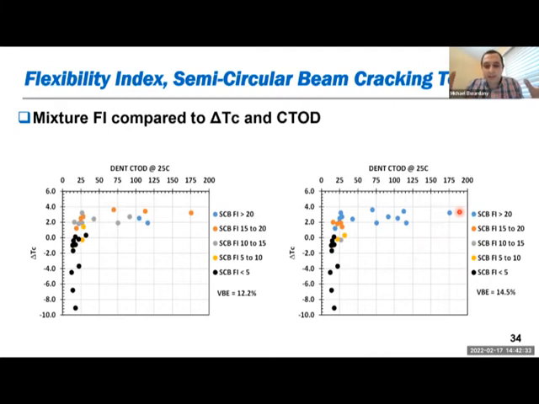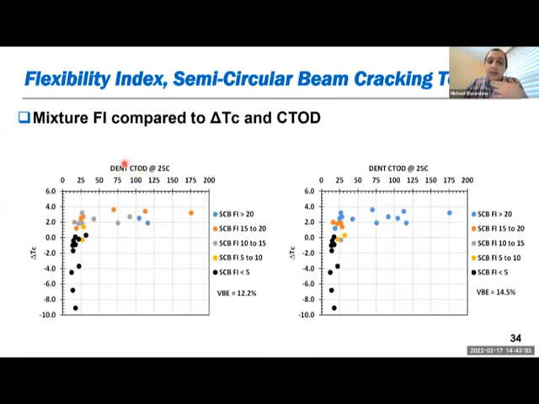We found in the database a very nice experimental design here that gave us a lot of good insights. If you look at these binders, these dots, they are the same on the right-hand side and left-hand side plots. Those are the same binders, so the location is the same. And here I'm looking at delta TC and DENT, the double-edged notch test, CTOD.